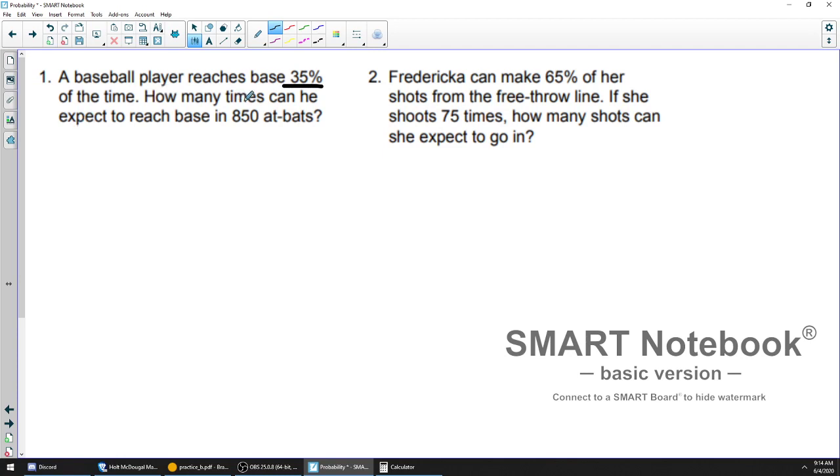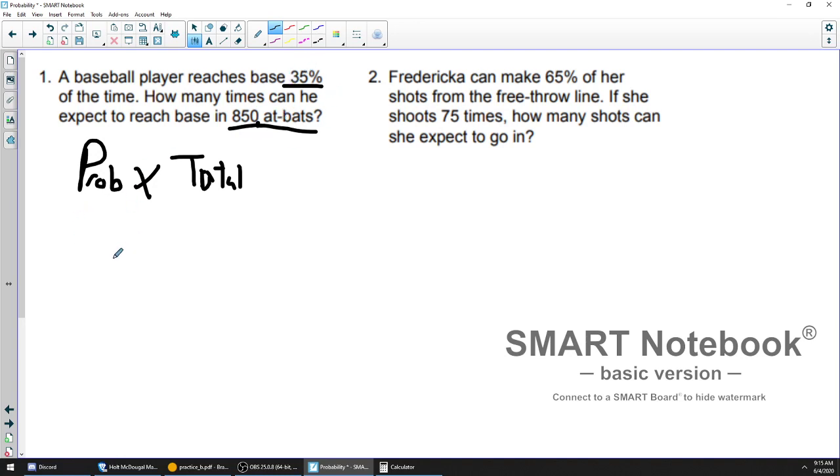How many times can he expect to reach the base in 850 at bats, or when he gets to hit the ball? So, if you remember this one, we do our probability times the number of trials, or the total amount of tries, or total outcomes.